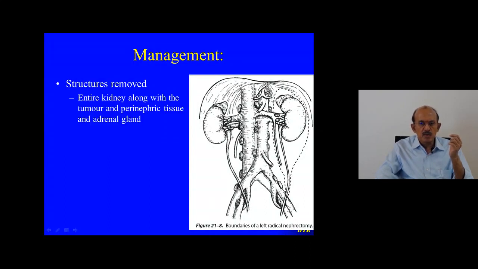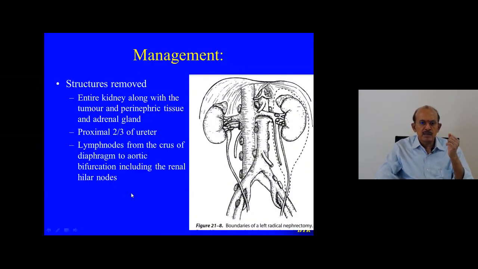So structures removed are the entire kidney along with the tumor and perinephric tissue and adrenal gland. So kidney with perinephric fat and Gerota's fascia, including adrenal. The proximal 2/3 of the ureter.